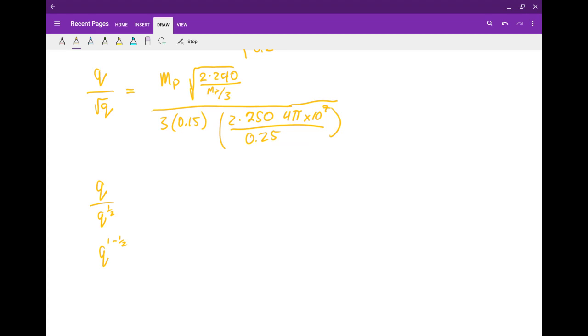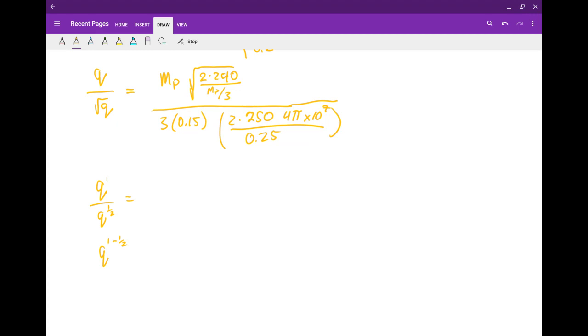Because this is Q to the 1. Remember, there's the rule that says something divided by something, you can subtract the exponents if the two bases are the same, okay? And so I've got 1 minus 1/2, which is just 1/2.